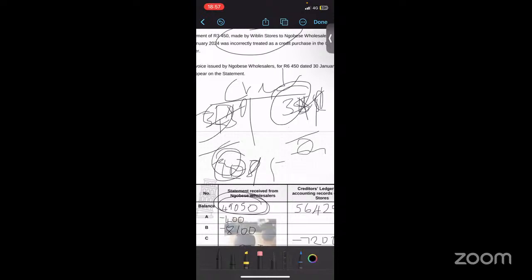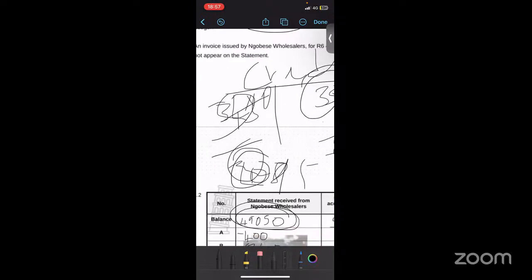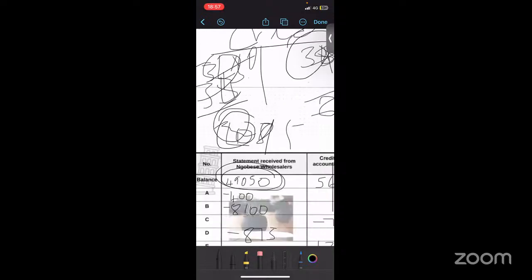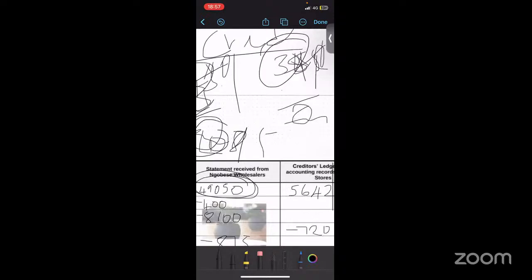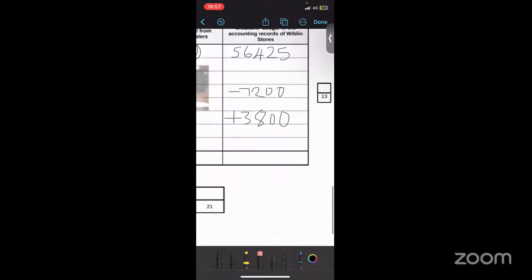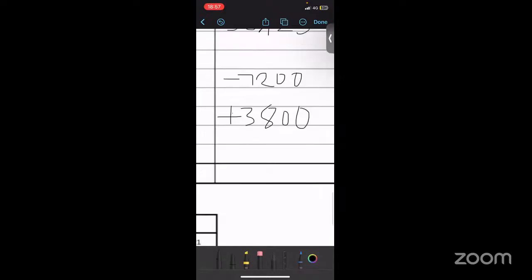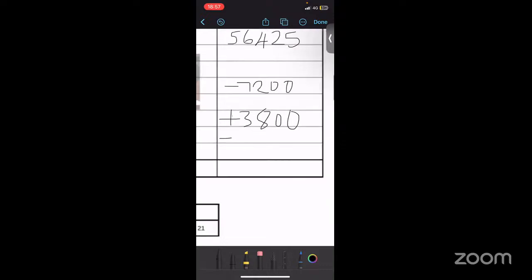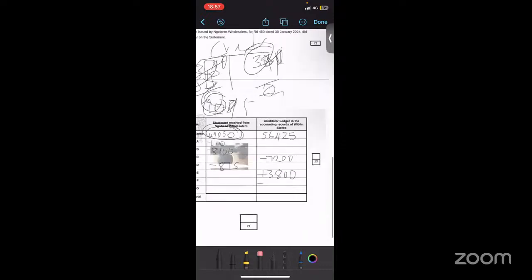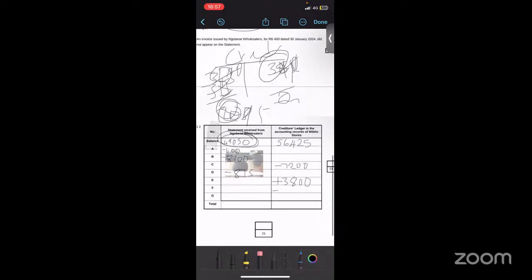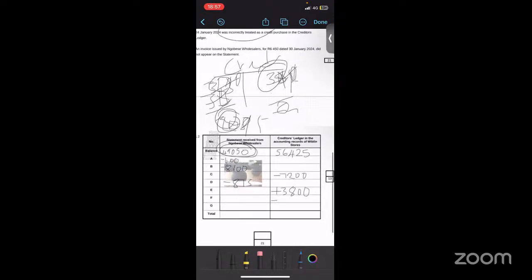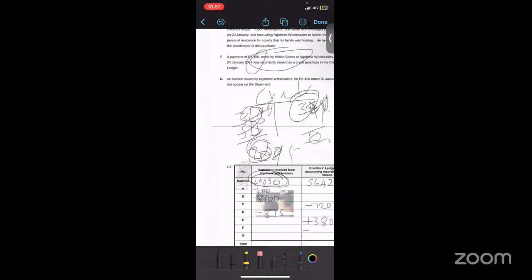So that means there's nothing. Hence, we have to minus it again. When we minus it again, it's like a new entry. What is 3,450 multiplied by 2? 6,900, right?